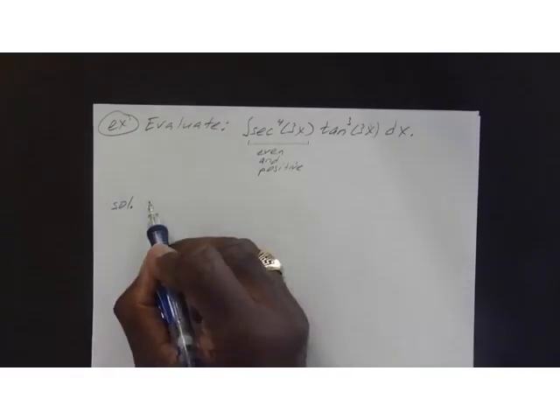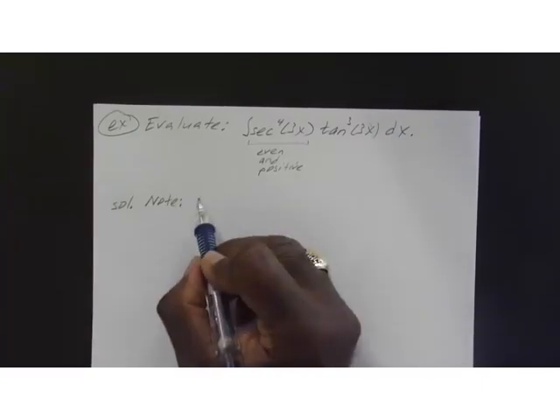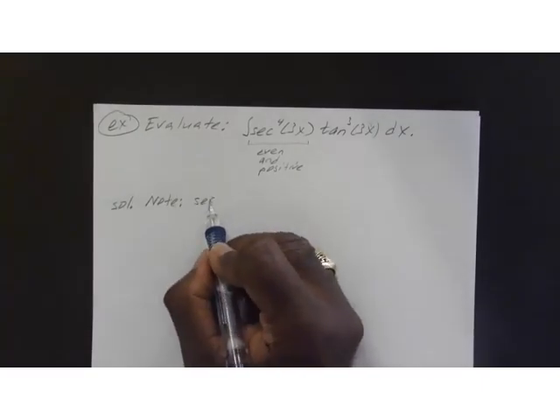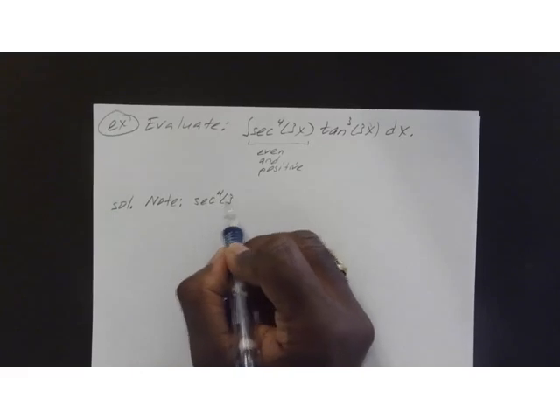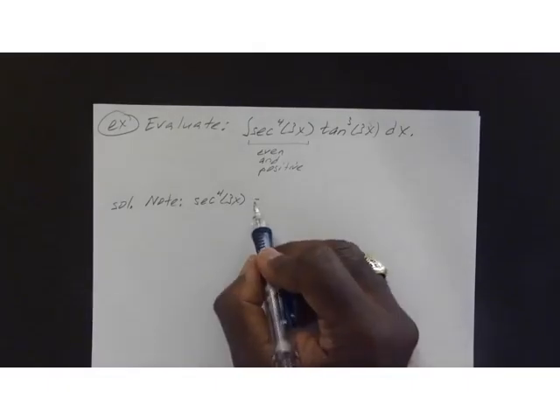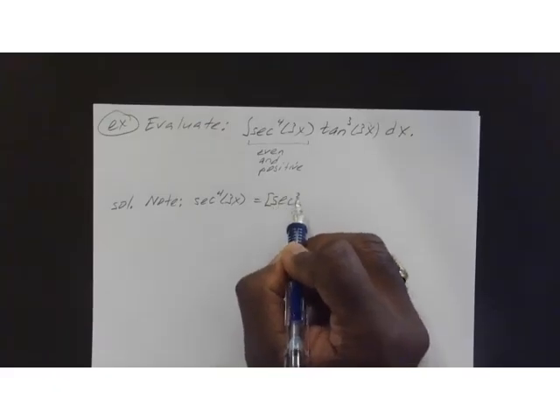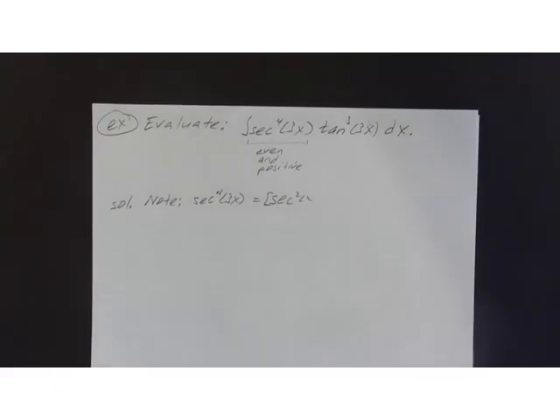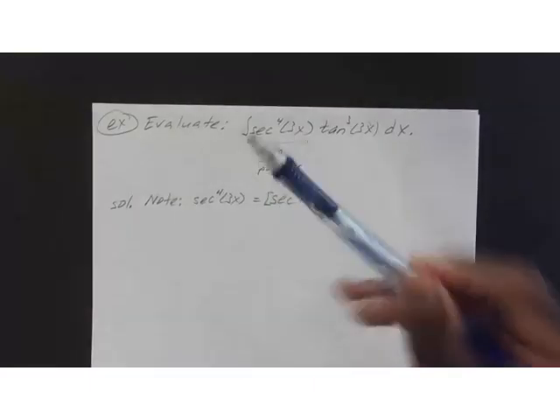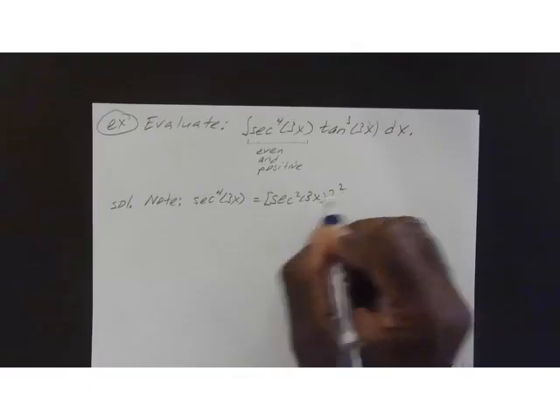So that means we're going to take that secant of 3x to the 4th power and we're going to rewrite that as secant squared of 3x, squared.